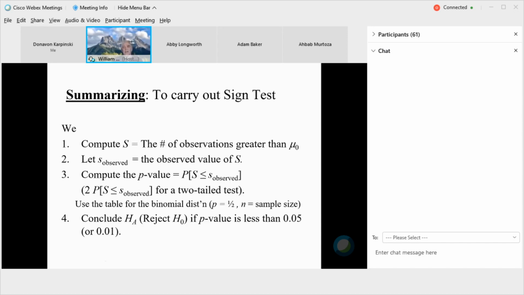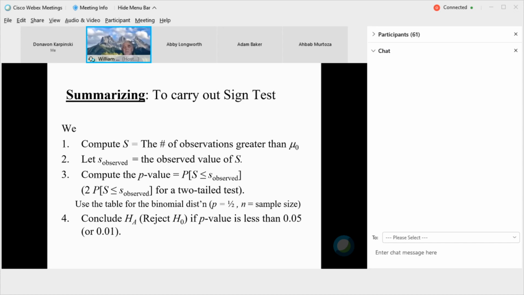So to carry out the sign test, you compute the number of observations greater than mu naught. Suppose that turns out to be S observed. Compute the p-value. If we're hoping that S observed is small, for a one-tail test it would be the probability S is less than or equal to S observed, doubled for a two-tail test.